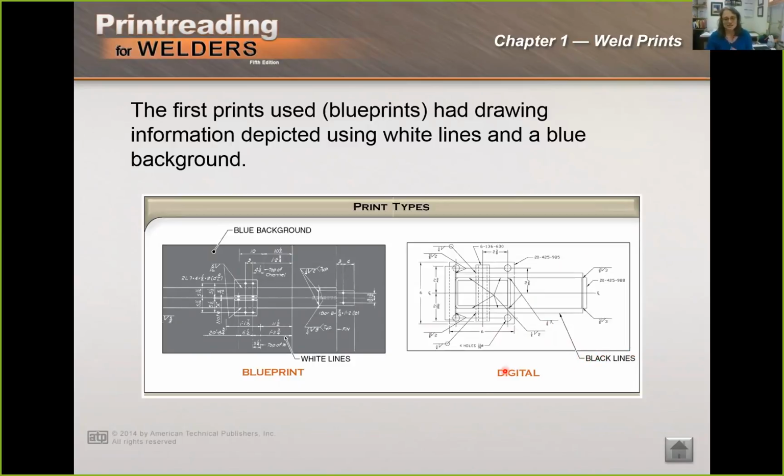If it's a digital file, we'll print it to a big format laser printer. So originally, starting in 1840, prints were blueprints. That's why you sometimes still hear the term blueprint. Now that we're in the digital age, we tend to have more of what we think of as conventional prints with black lines on white backgrounds.